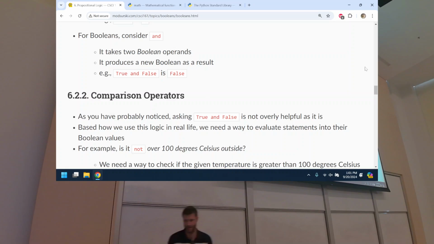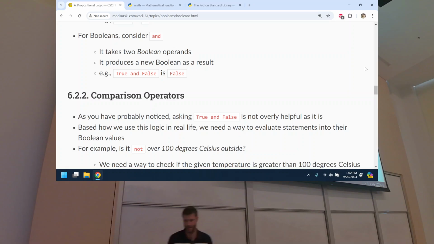Now, those are Boolean operators, but we have other operators now. Now we're getting a little wild, but trust me, you're probably going to be okay with this. We have comparison operators. A comparison operator, we can use them with other things, but let's talk numbers for a second. A comparison operator is an operator, like addition, like the Boolean operators and, or, and whatnot.